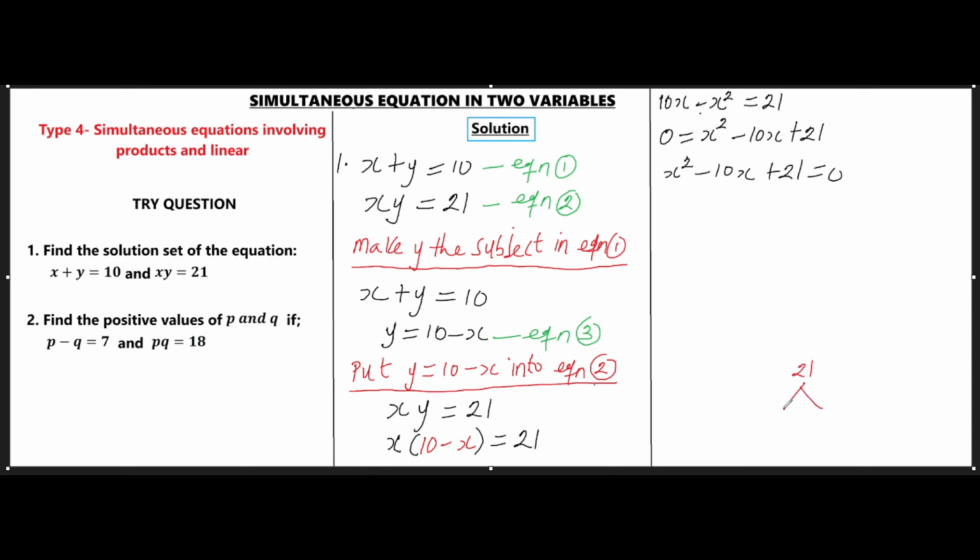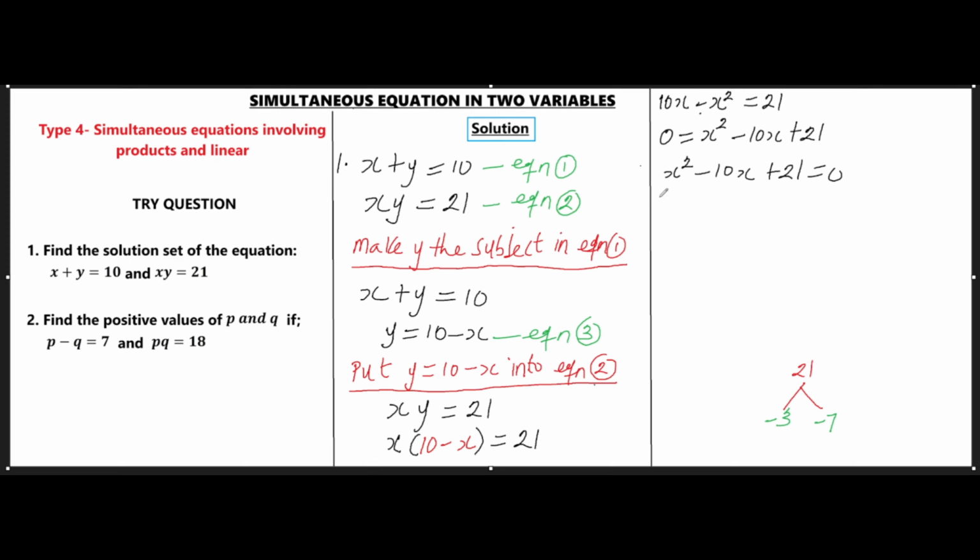We are looking for two numbers such that when you multiply the numbers, you should get positive 21, but when we sum them up, you should get minus 10. So what are the numbers? The numbers we have are minus 3 and minus 7. Minus 3 multiplied by minus 7, that is positive 21. And minus 3 plus minus 7, that is minus 10.